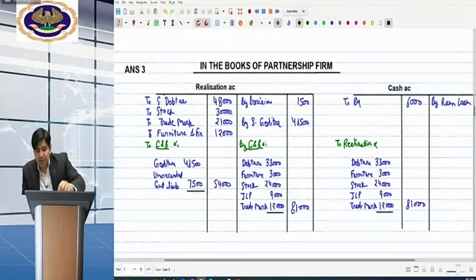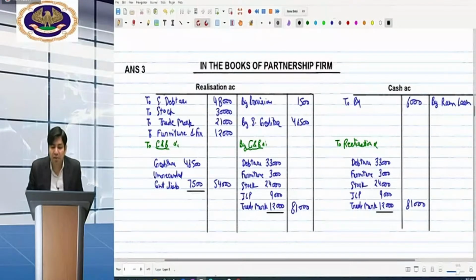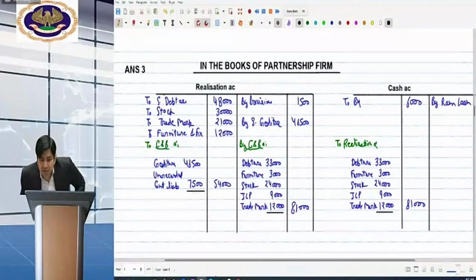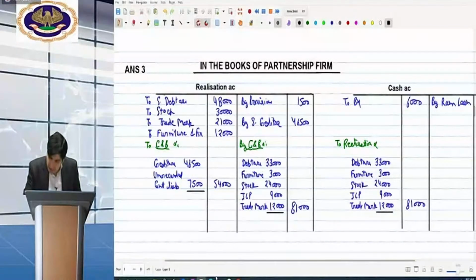Shall we write all the expenses under the cash account also? Whatever the firm is paying has to come in the cash and bank account of the firm.